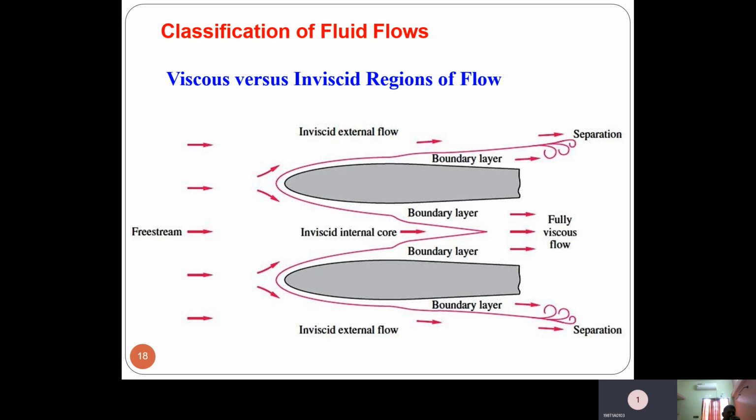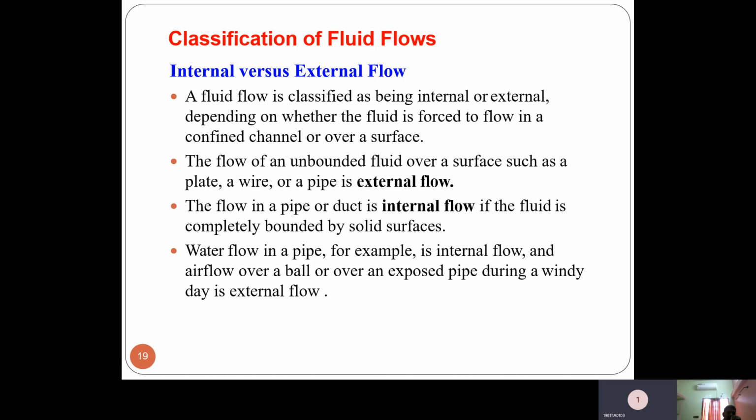So the flow in which viscosity or frictional resistance is considered is called viscous flow, and the flow in which viscous resistance is considered negligible is called inviscid. And come to the next slide.